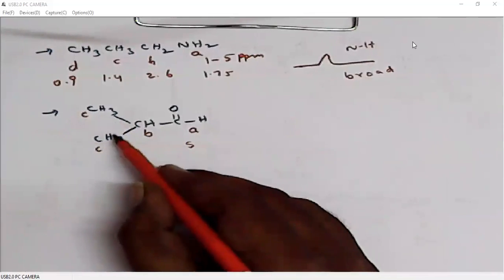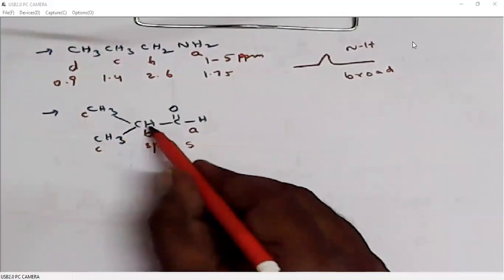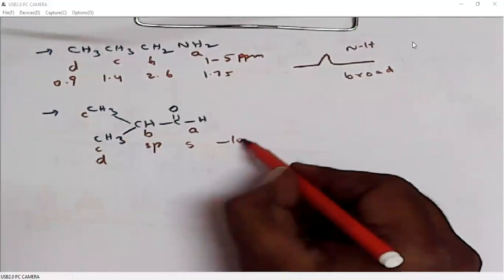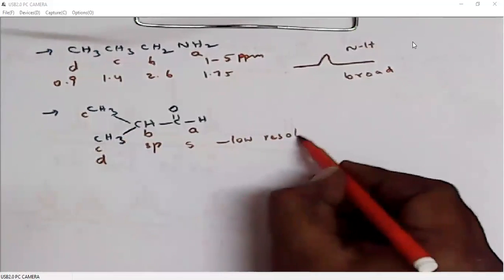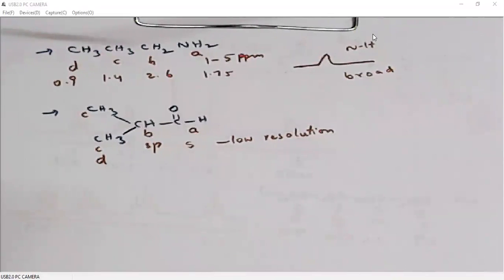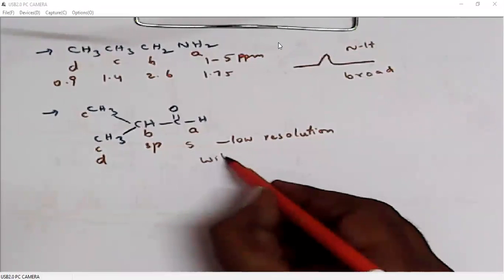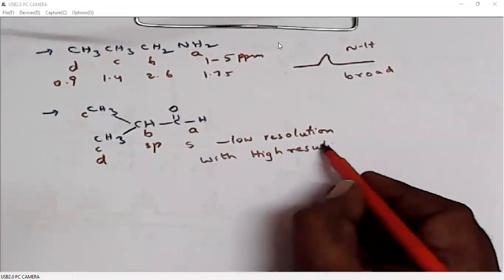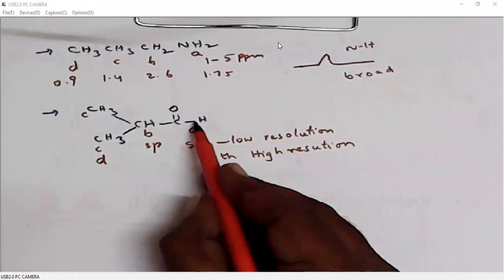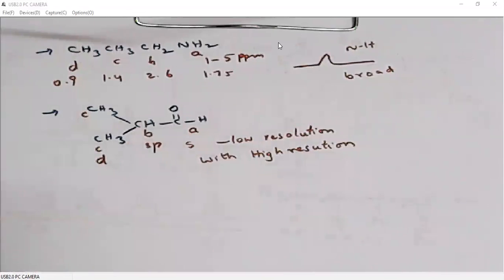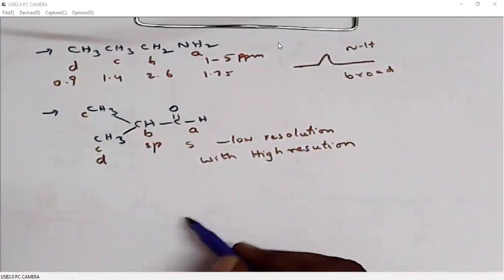3 plus 3, 6 plus 1, gives a septet. It gives a doublet. It is a low resolution instrument, but with a high resolution instrument we can visualize the coupling between the aldehydic proton and the proton on the alpha carbon.